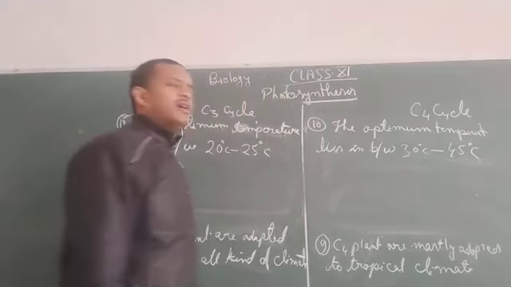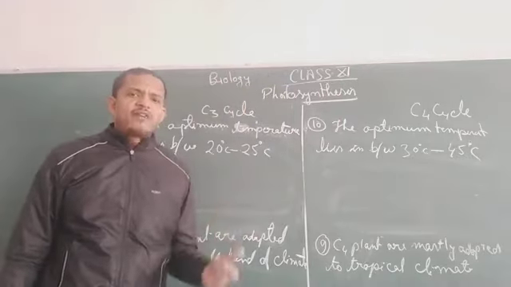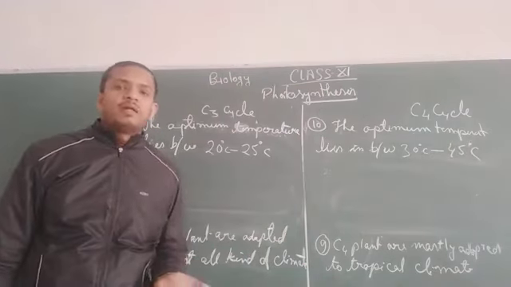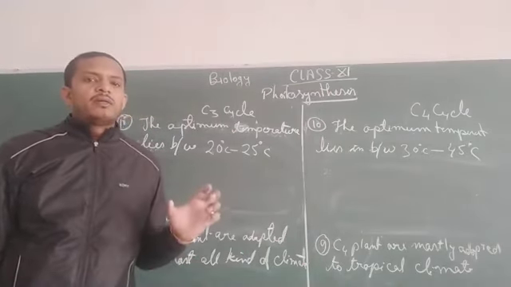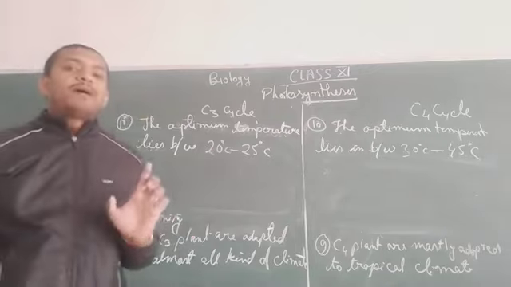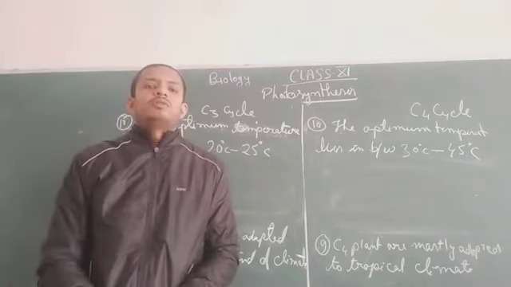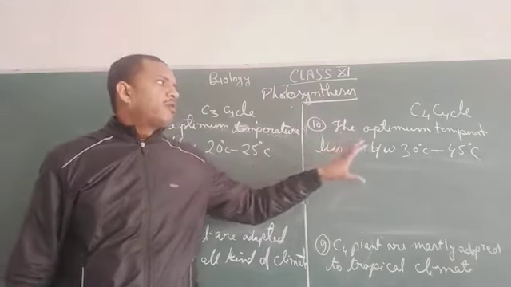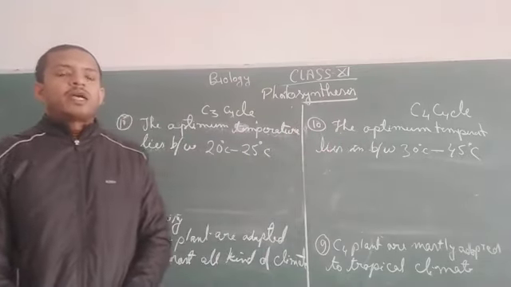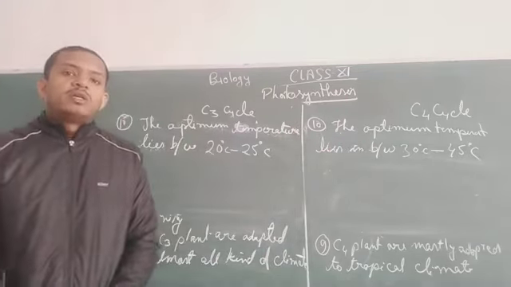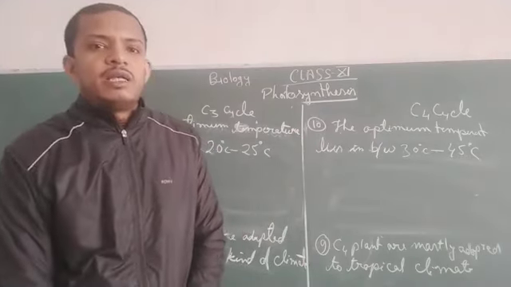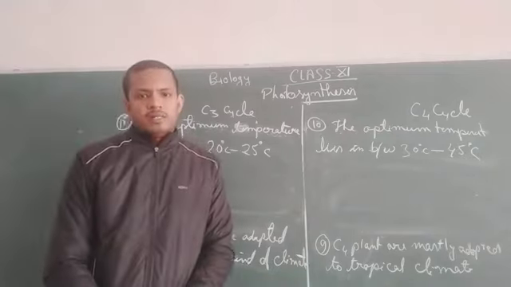It means in the desert, arid regions with high temperature, you will find mostly C4 plants. During the biosynthetic phase of photosynthesis, the plant follows the C4 cycle, in which the first stable product is oxaloacetic acid, which is a 4-carbon compound.